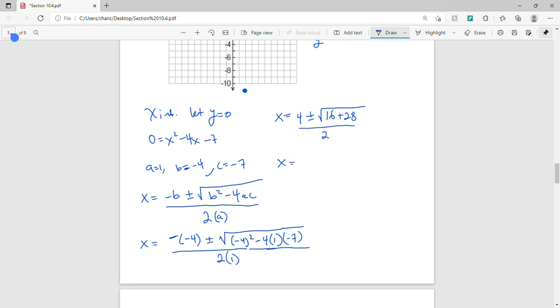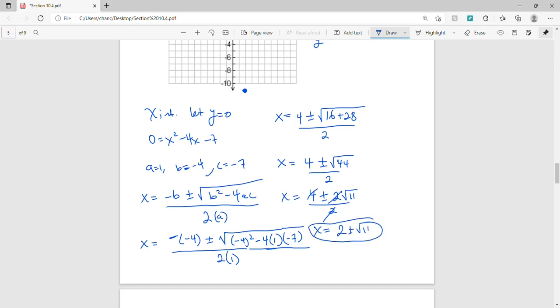So we have x equals 4 plus or minus the square root of 16 plus 28, that's 44, over 2. You can simplify that a bit. This is 4 plus or minus 2 root 11 over 2, which simplifies a little bit further to 2 plus or minus root 11.